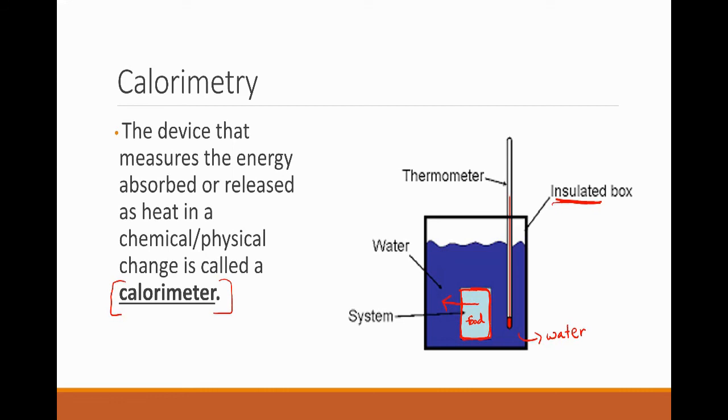So the food is burning, giving off heat. As a result, the water temperature starts going up. The main measurement you take is the temperature of the water, and that's where the thermometer comes in. The food releases energy that heats up the water, and we measure the temperature change as a result.